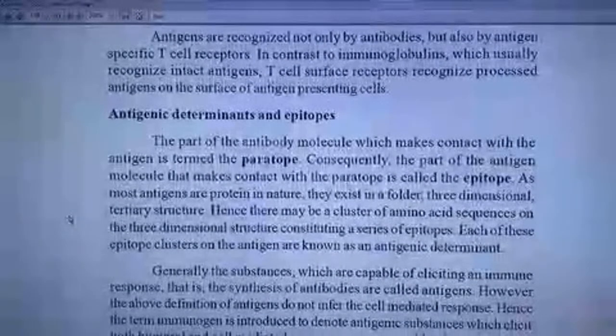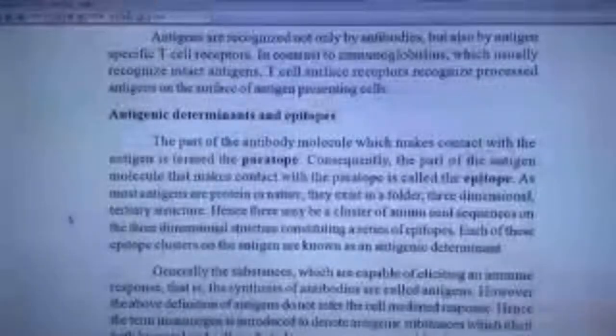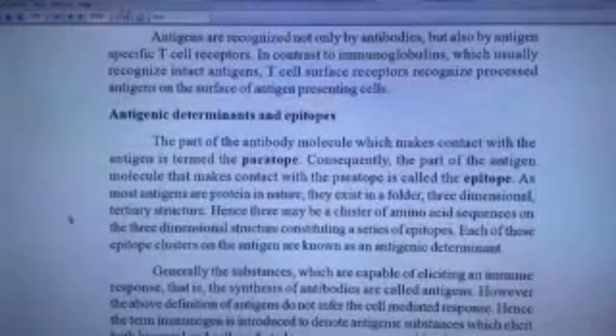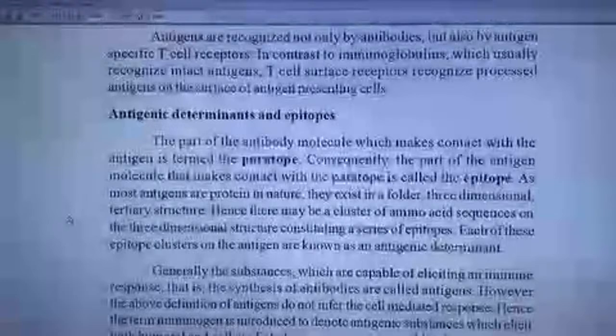Antigens are recognized not only by antibodies but also by antigen-specific T cell receptors. In contrast to immunoglobulins, which usually recognize intact antigens, T cells recognize processed antigens on the surface of antigen-presenting cells.